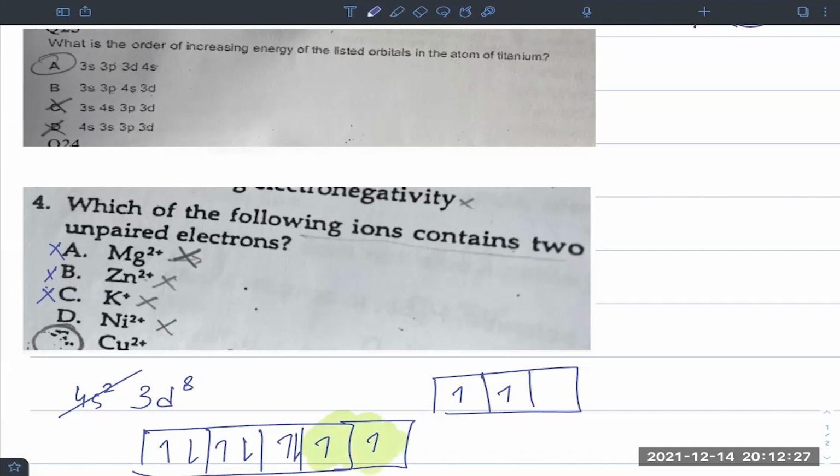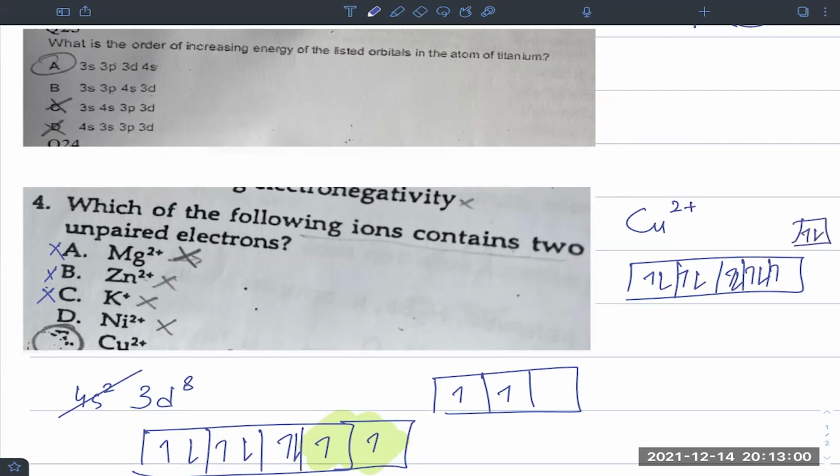And then they're saying copper 2 plus. Copper is 29, right? So copper 2 plus has one unpaired one: 1, 2, 3, 4, 5, 6, 7, 8, 9.